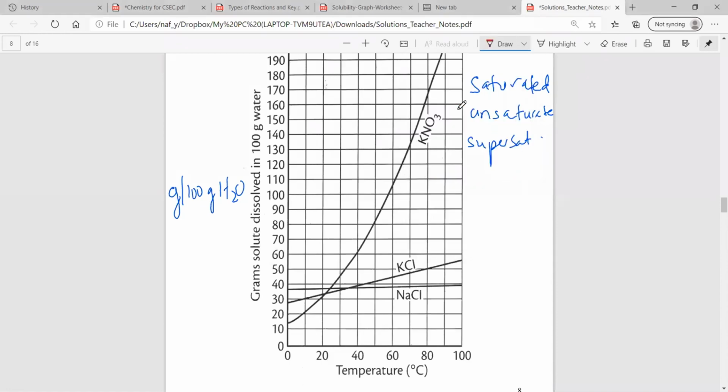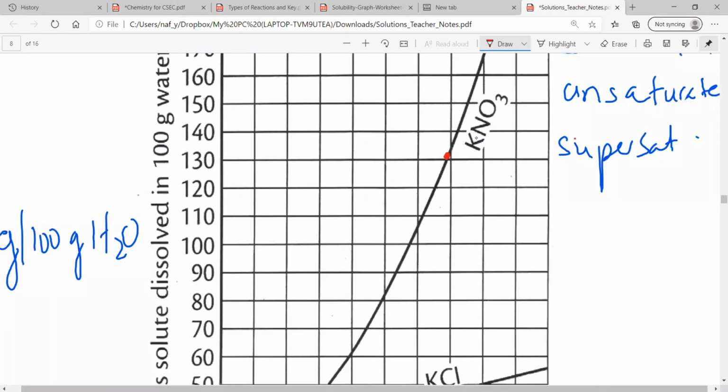So if I plot my points and I realize that it falls on the line itself, so here's my point and it falls on the line. Let me zoom it for you. And it falls on the line itself. When we have a situation like that, then we say that the solution is saturated.